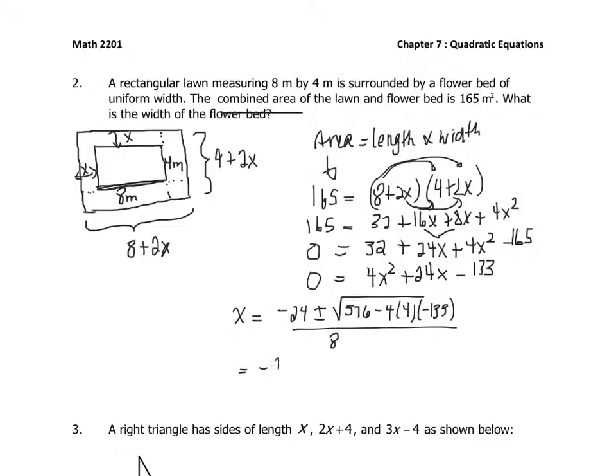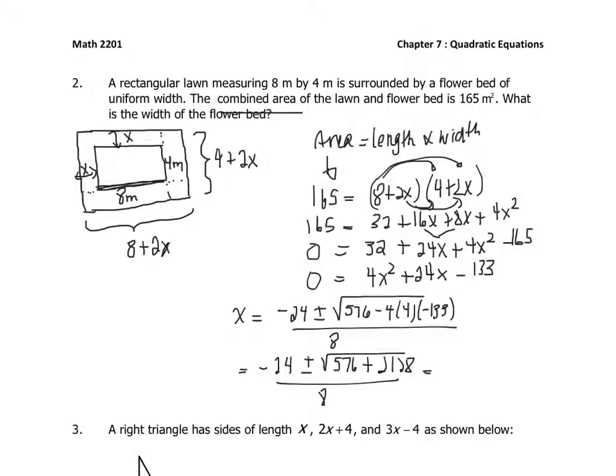That's going to be negative 24 plus or minus the square root of 576, and the two negatives multiply to give a positive, 4 times 4 times 133, which is 2128, over 8.